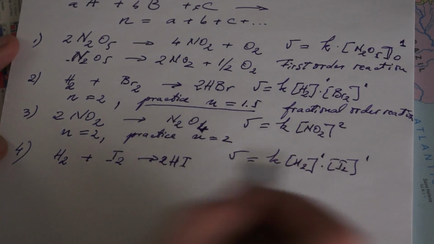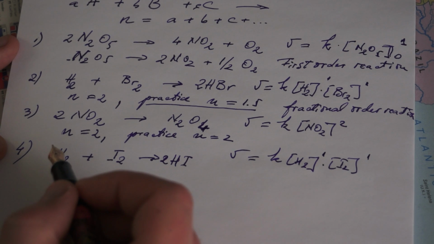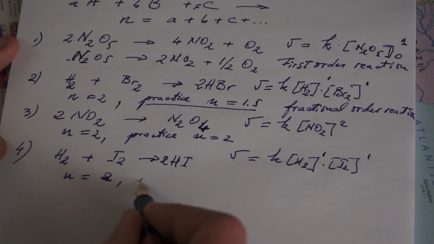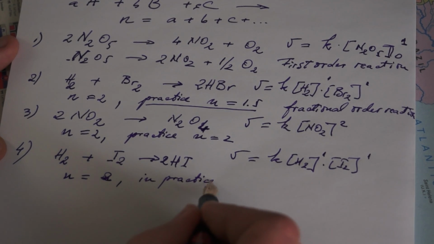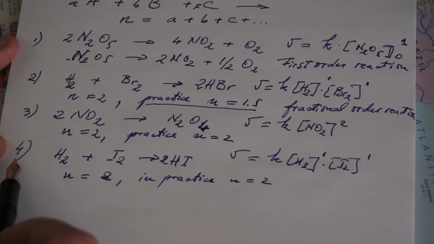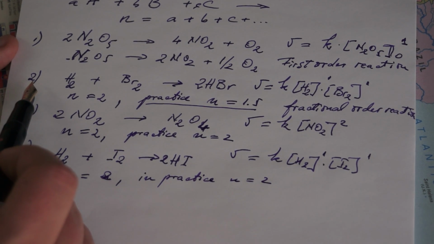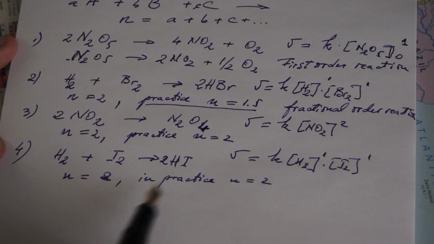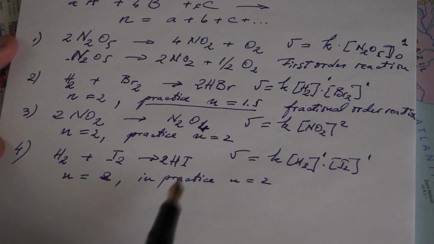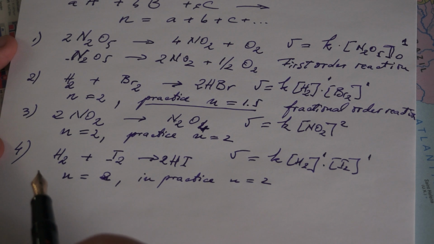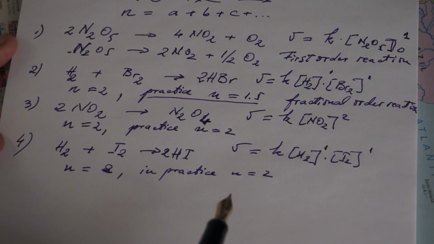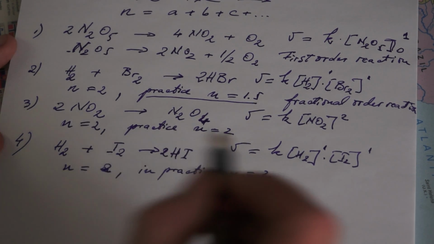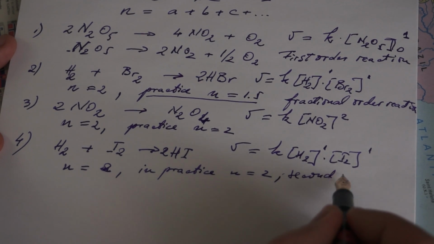We take the stoichiometric coefficients as the power of each reactant concentration, and the reaction order is 2, and in practice this is also 2. Notice that reaction number 4 resembles reaction number 2 very much. The difference between these two is that this reaction is straightforward and doesn't involve more intermediate reactions to be produced. So this is a second order reaction.